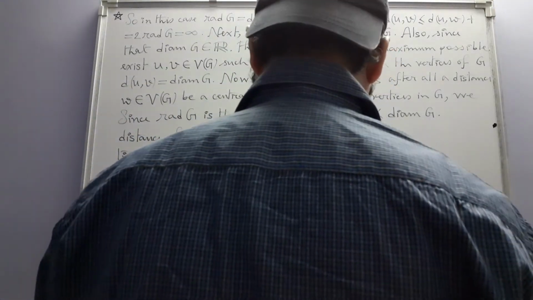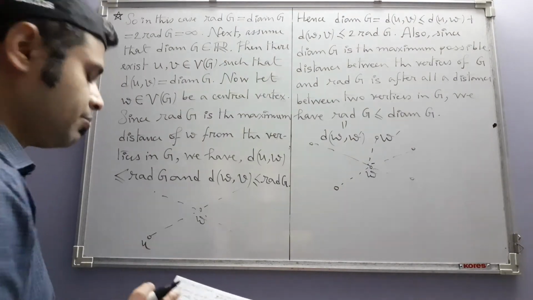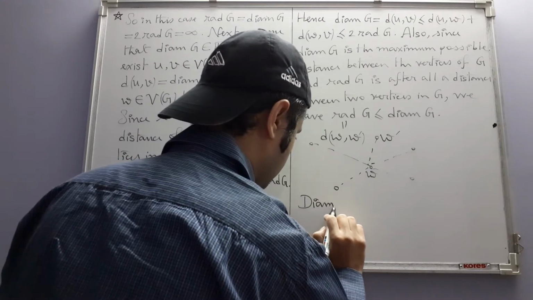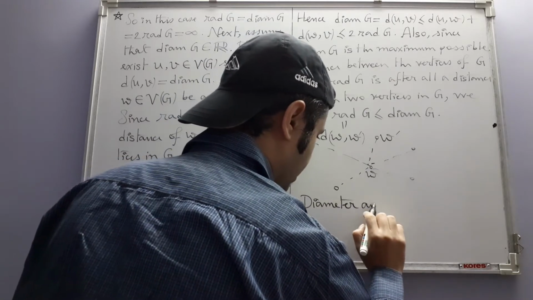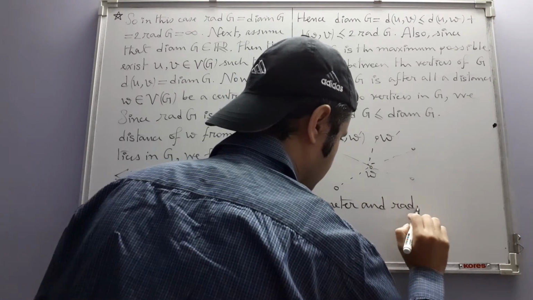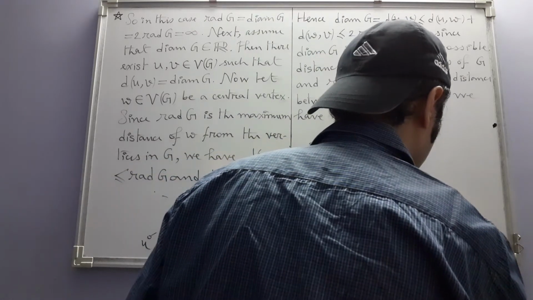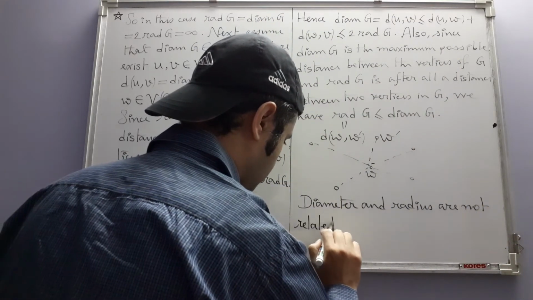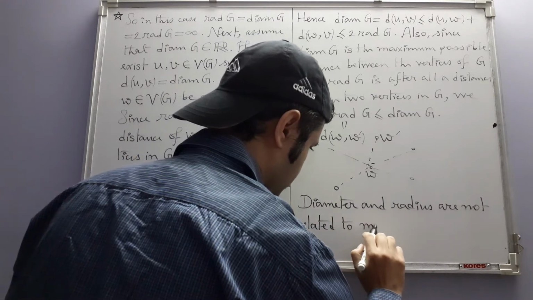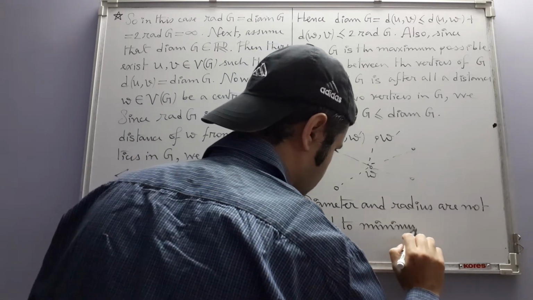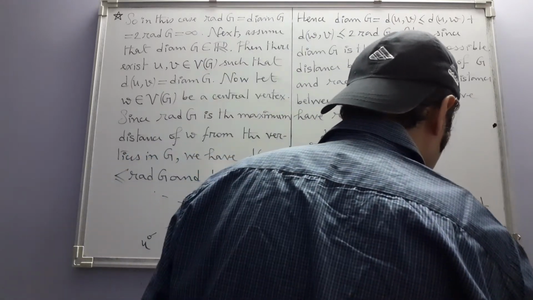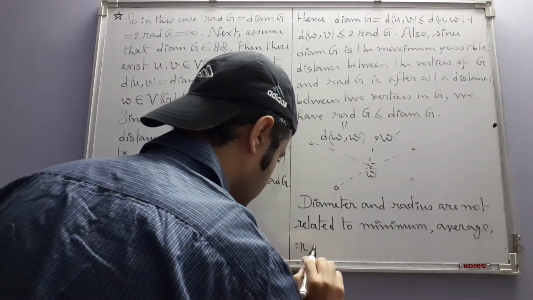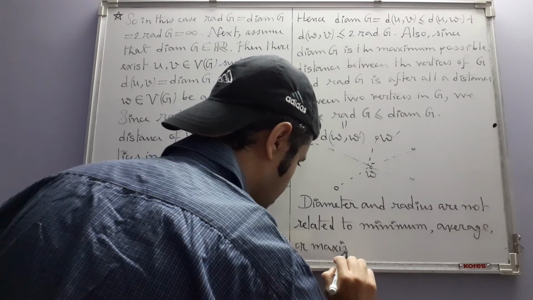Now the author says something about these parameters, diameter and radius. Diameter and radius are not related to minimum, average or maximum degree.